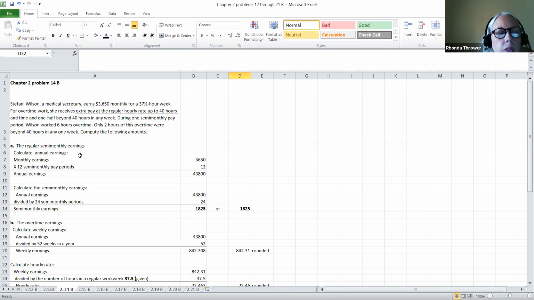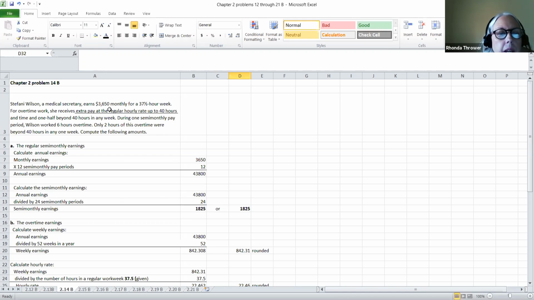One of the ways is you can annualize the amount of the earnings by taking the monthly earnings and multiplying it by 12 months in a year. That will give you the annual earnings. And then you can take that annual earnings and divide it by 24 semi-monthly pay periods. That will give you 1825.